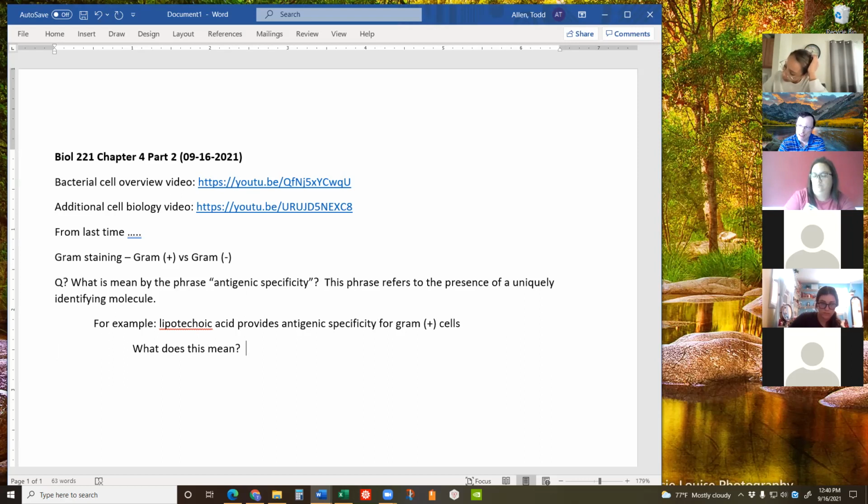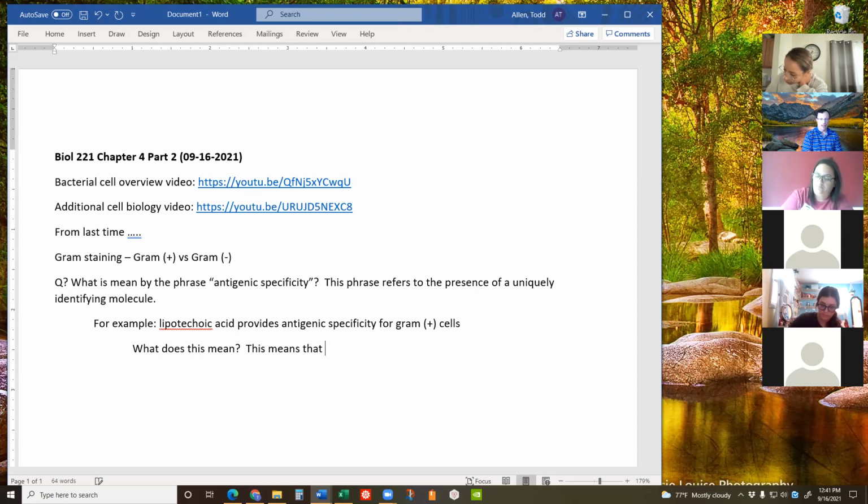You're not going to find lipoteichoic acid on gram-negative cell walls. So think of lipoteichoic acid as a gram-positive cell wall fingerprint. It is unique for gram-positive cell walls, okay?